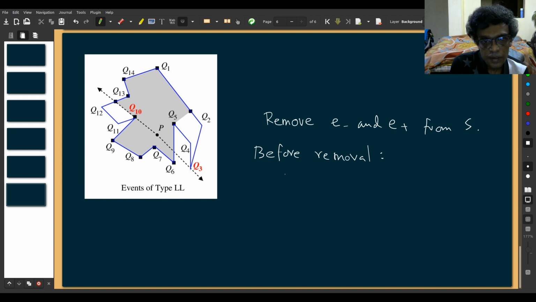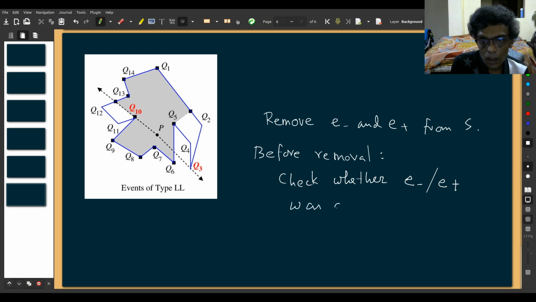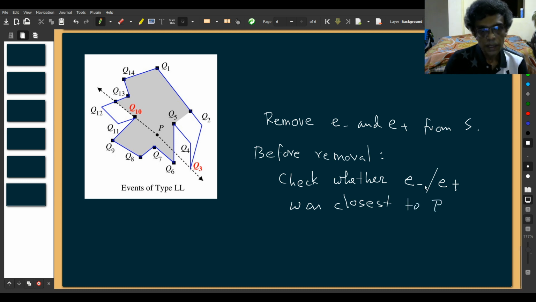Check whether E minus or E plus was closest to P. If not, I have a situation as in Q3.